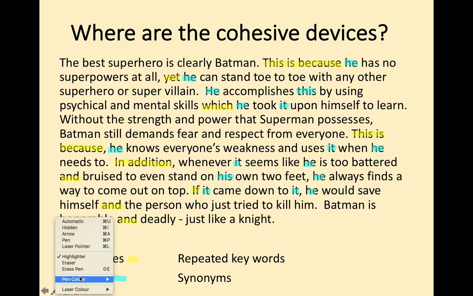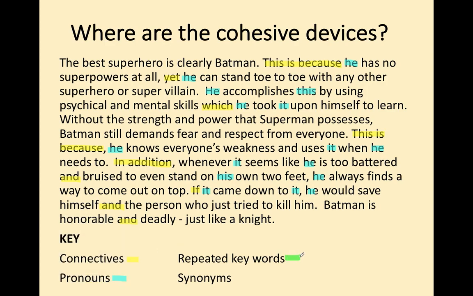Okay, now looking for repeated keywords then. I'm going to do that in green. So as this paragraph is about superheroes and about Batman and Superman, we probably expect those to be our repeated keywords, remembering that repeated keywords tend to be nouns. So that should help us to find these. And when you're doing a piece of writing, you can also start by thinking about what your keywords might be before starting to write.